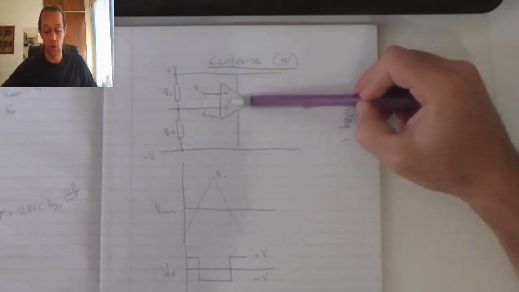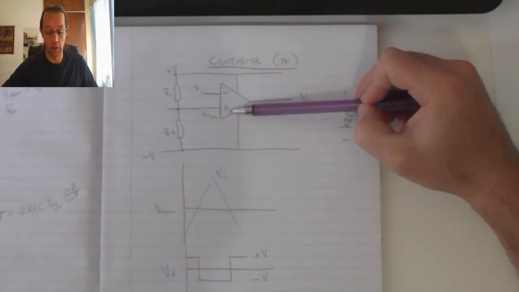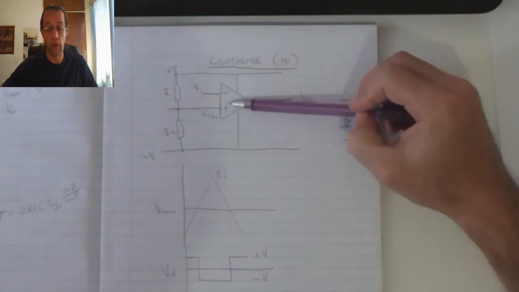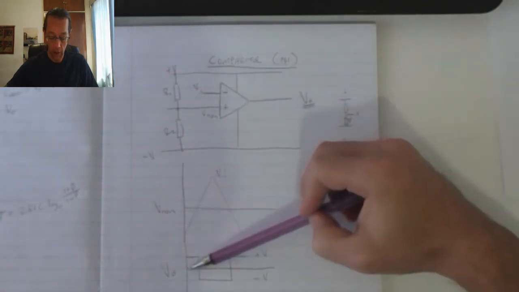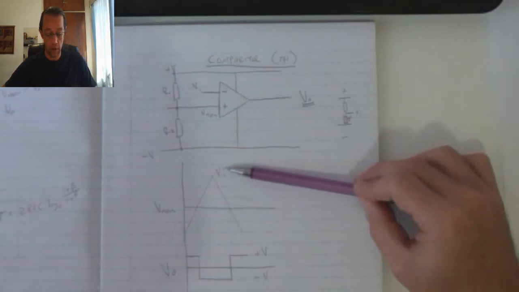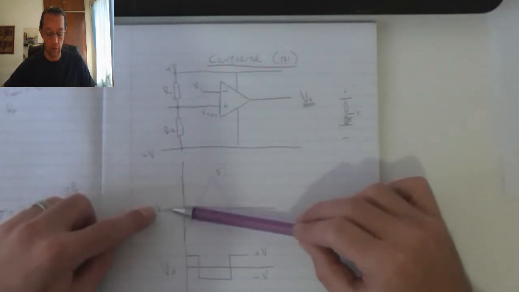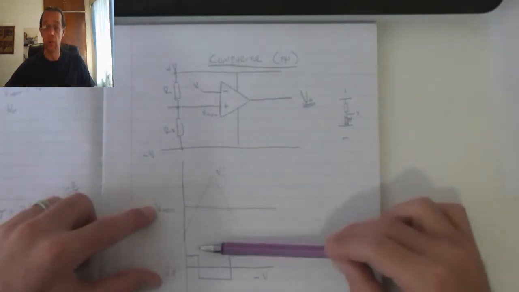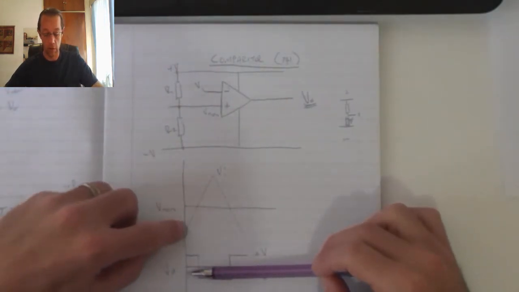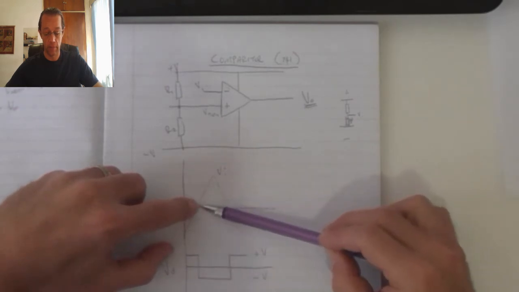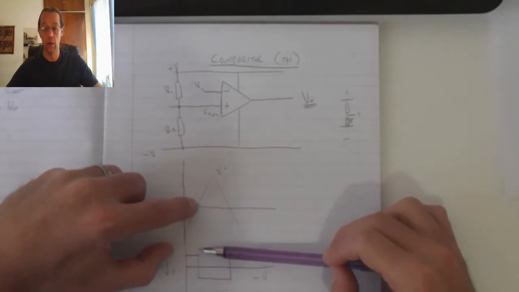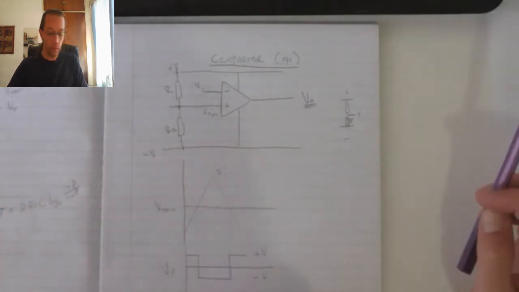Now if I were to switch these two inputs, in other words, if this was my non-inverting input and this was my inverting input, then with the exact same input scenario, this output signal will be upside down. In other words, it'll stay off, and once my input goes above the reference voltage, my output will then switch on.